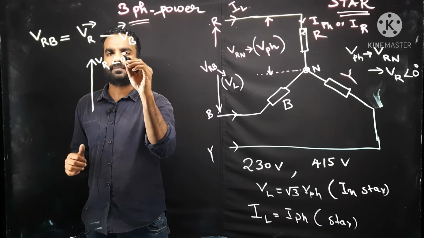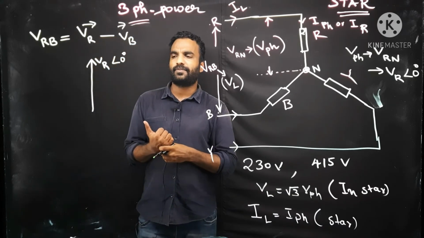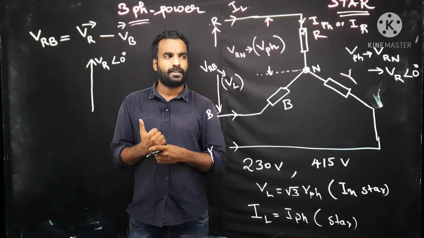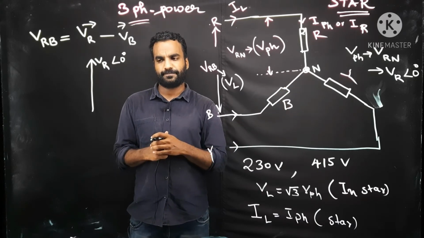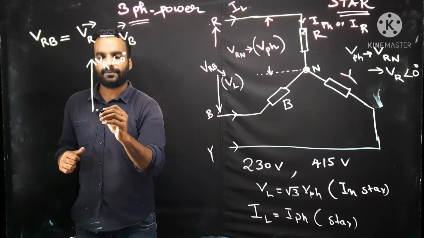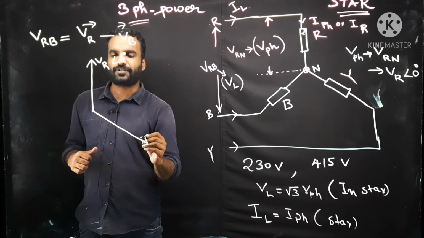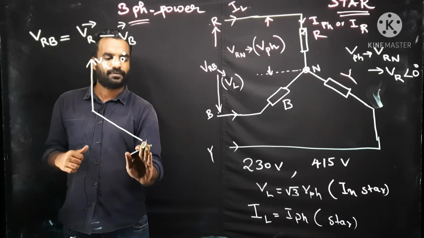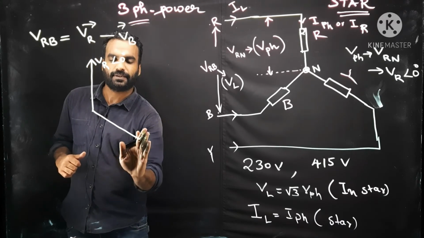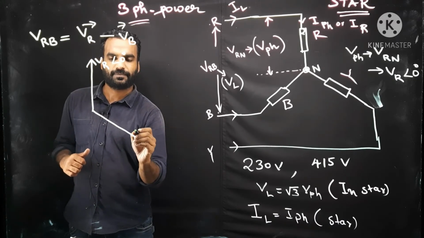Suppose this is 0 degree. Next one will be VY angle 120 degree. We know that 120 degree is the difference between each phase.